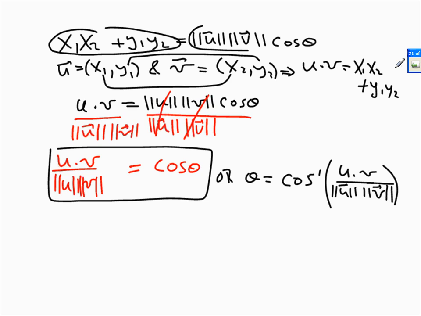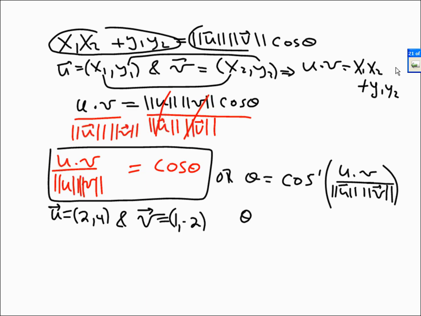Right. So now we derived the formula rigorously. Now, let's look at an example. Suppose u is the vector 2, 4, and v is the vector 1, negative 2. We want to find the angle in between vectors u and v.